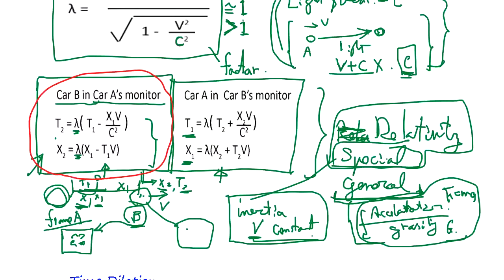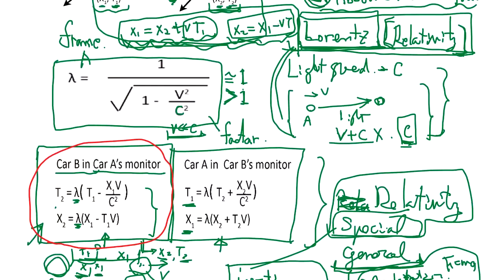Okay, and as I said, when v is much smaller than the maximum speed, then the factor becomes 1, and this turns out to be t2 becomes t1, and x2 becomes x1 minus t1 v. So it becomes like the classic Newton's equation.